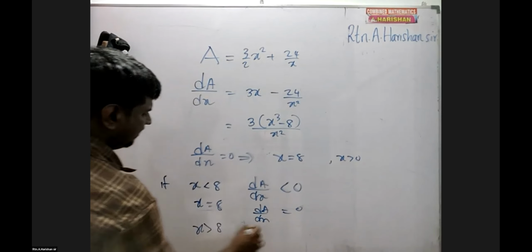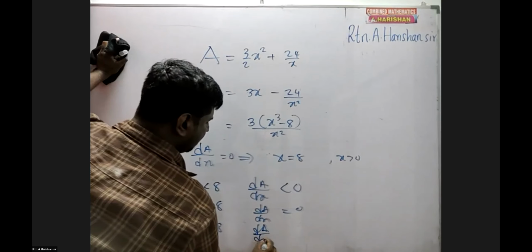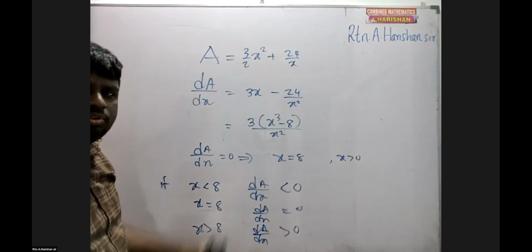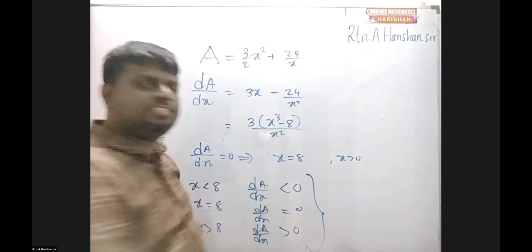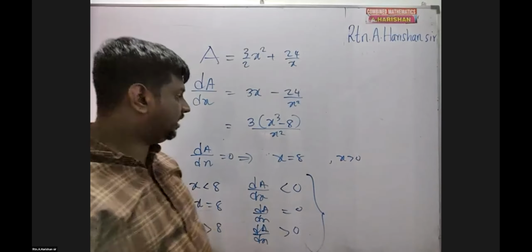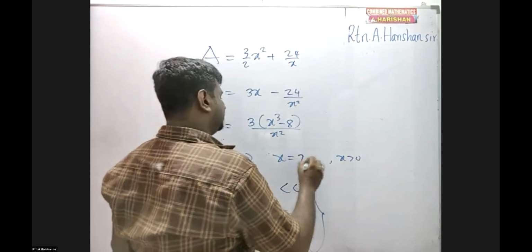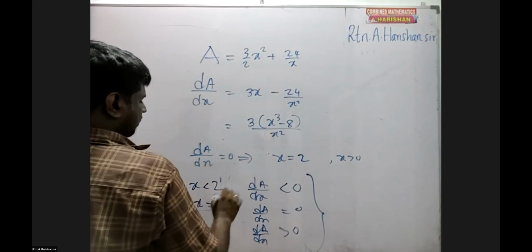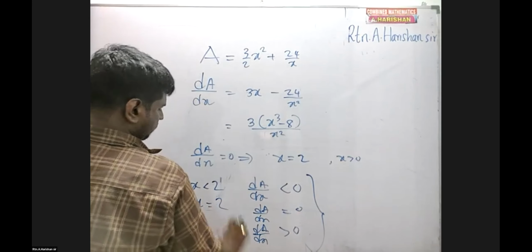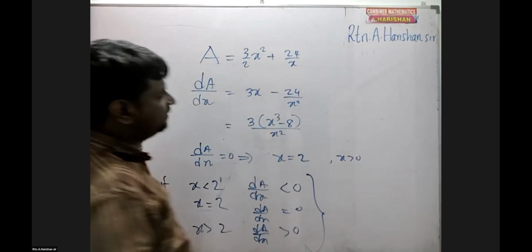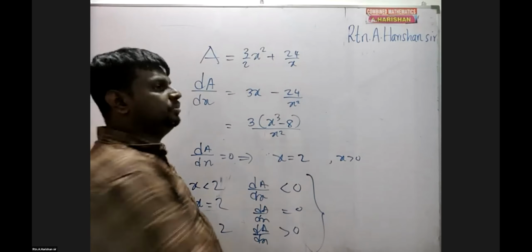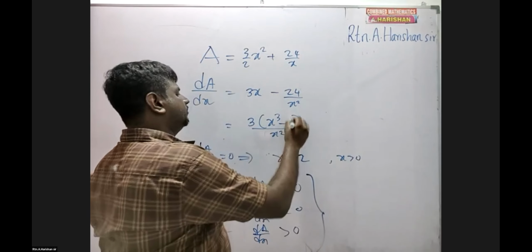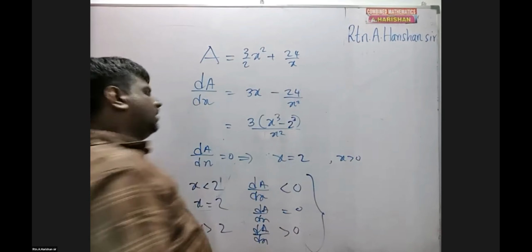If x is greater than 2, dA by dx is greater than 0. You have to write these things. They will give marks for this. Sorry, it's 2, not 8, because this is 2 cubed, and x is greater than 0.